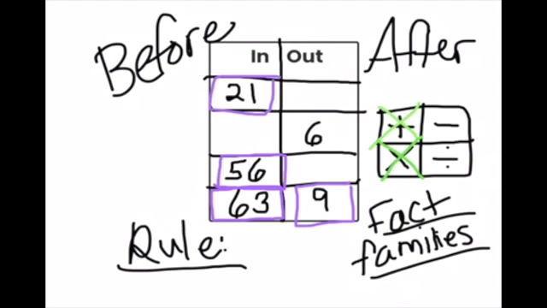I know this is a tough one, but I hope that you thought of 63 and 9 being related. So actually, this is a division rule for sure. And 63 divided by 9 is going to be what our pattern number is, because we know 63 divided by something equals 9.